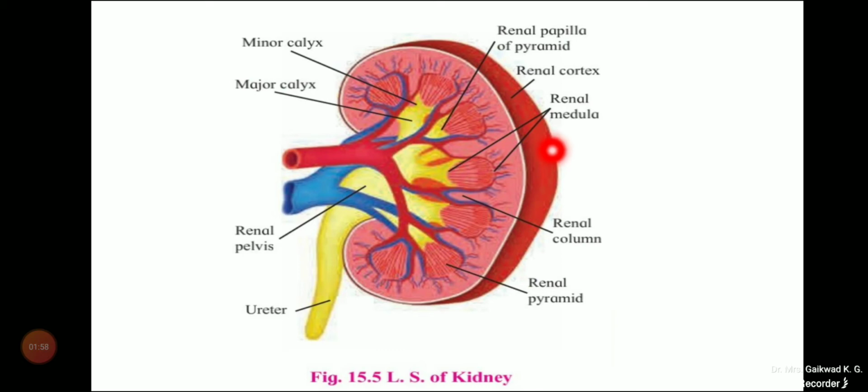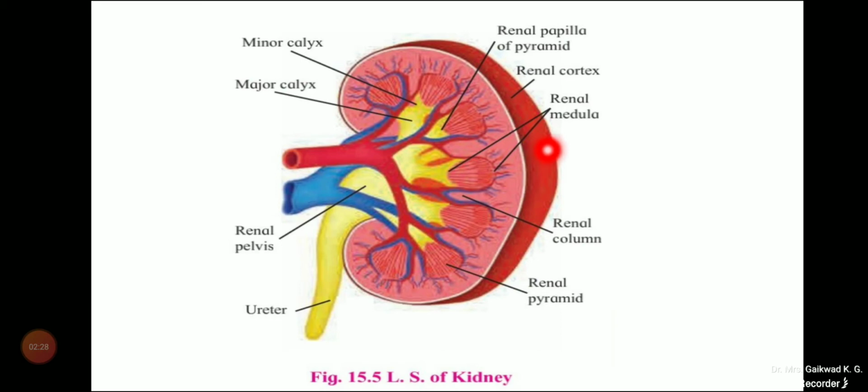Next to this is the innermost layer. The innermost layer which surrounds the kidney is the renal capsule, which is made up of a smooth transparent fibrous membrane, and this membrane is continuous with the outer layer of the ureter.